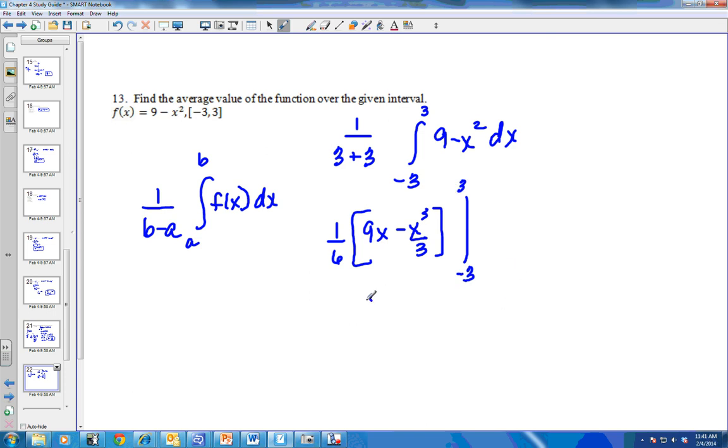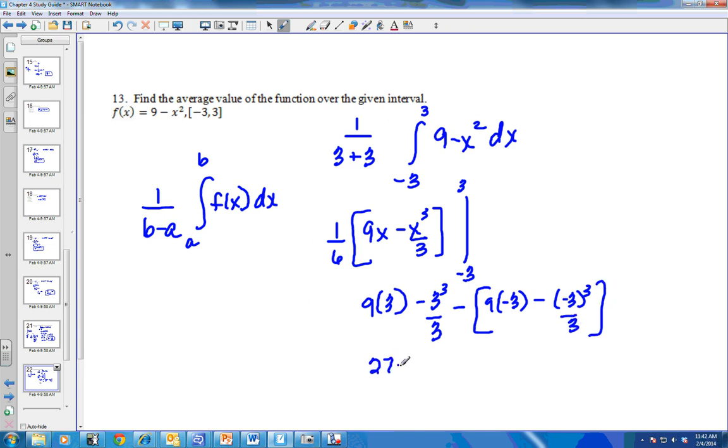So 9 times 3 minus 3 cubed over 3. Now I'm going to plug my negative 3 in. 9 times negative 3 minus negative 3 cubed over 3. 27 minus 9. Negative 27. That's going to be 9.